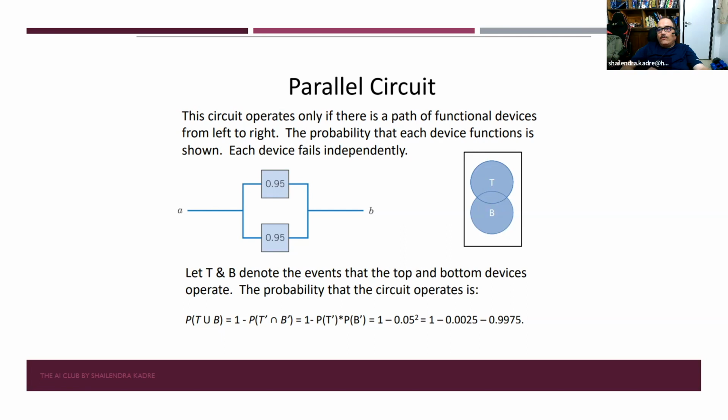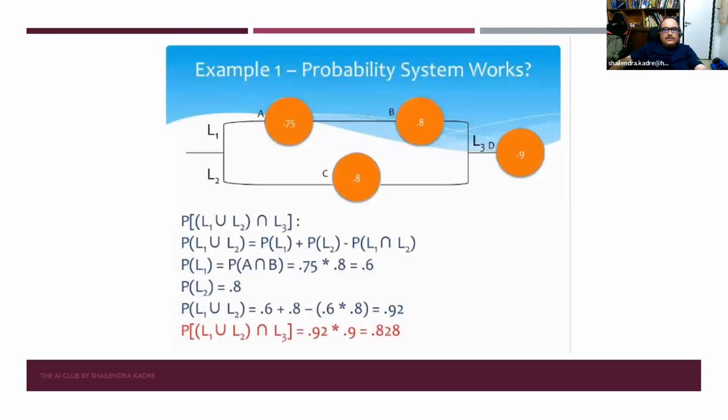But you don't have the value of the intersection, T intersection B. So directly it is very difficult to calculate the probability. That's why he has gone from the negative side. He has taken the probability of failure as 0.05, so 1 minus the intersection will be 0.05 times 0.05, so the probability will be 0.9975.